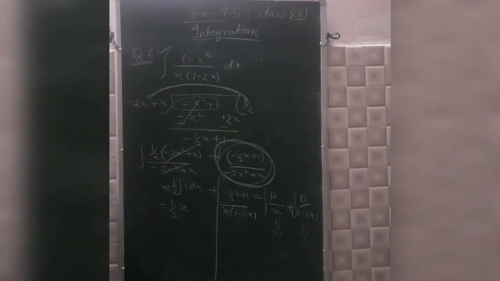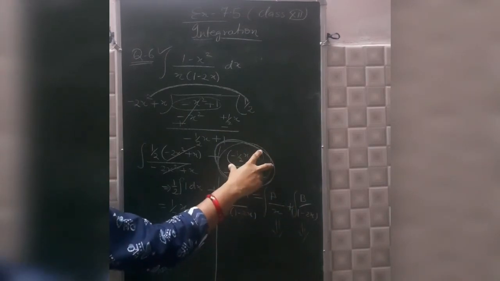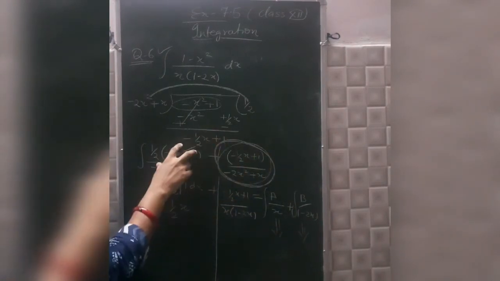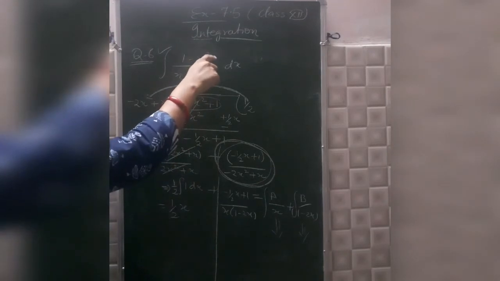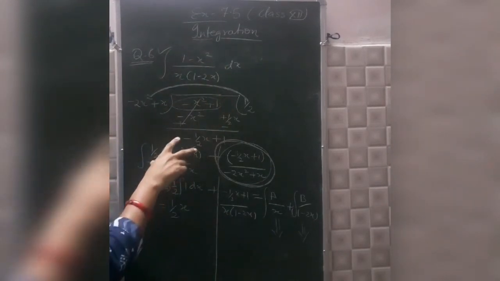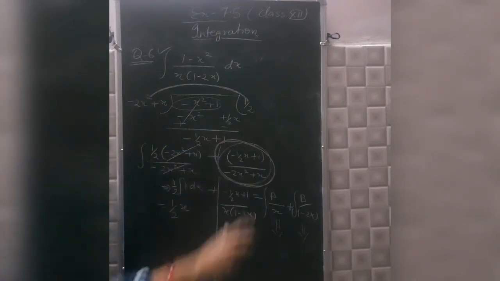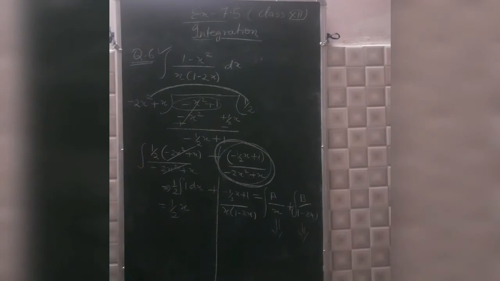So if you have done the first 5 questions, then you can very easily integrate this second part. Only this part is extra, because here the degree of p(x) is equal to that of q(x), that's why you divide first, you get one more part extra, and the second part is just like the first 5 questions. So I hope all of you understood this sum.